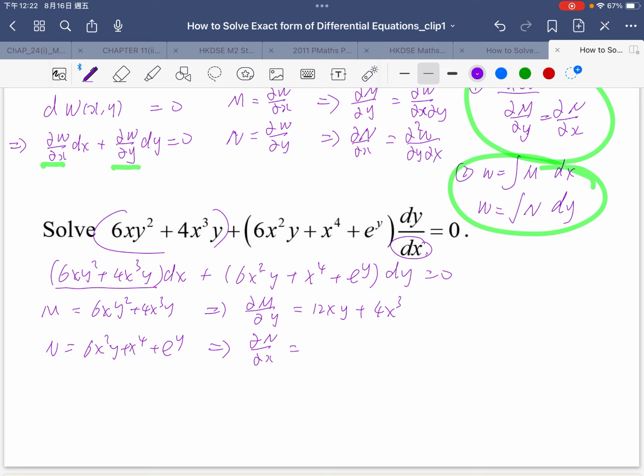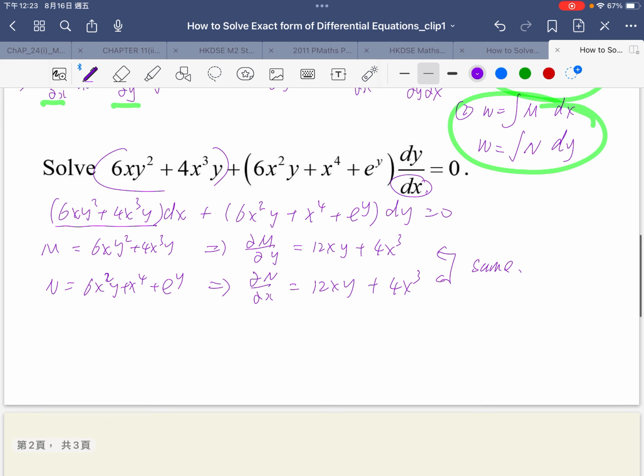And for the second, partial N over partial x equals 12xy, oh, they seem equal, and 4x cubed. And this one should be 0 with respect to x, since e to the power y is a constant. Therefore, this is plus 0. Okay. Oh, they are the same. Good.